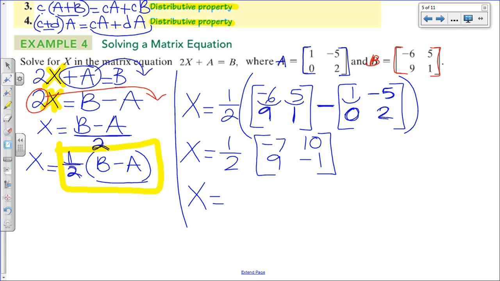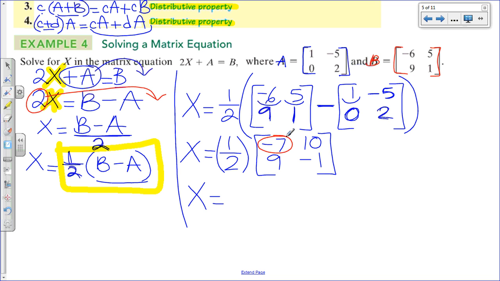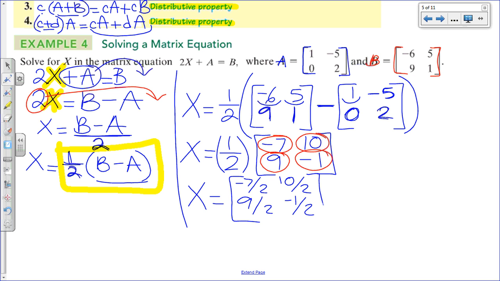And to finish this, we have to distribute the 1/2 to every single entry inside of the matrix. So 1/2 times -7, 1/2 times 10, 1/2 times 9, and 1/2 times -1. So that will be -7/2, 10/2, 9/2, and -1/2.